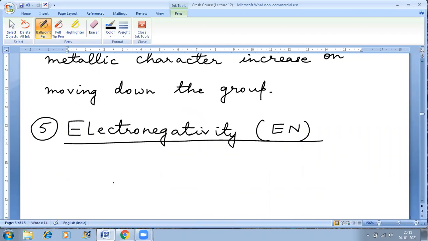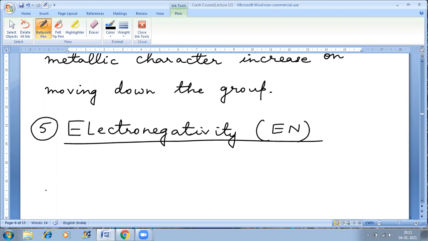Now what is electronegativity? It is the tendency of an atom to pull electrons towards itself present in a bond.